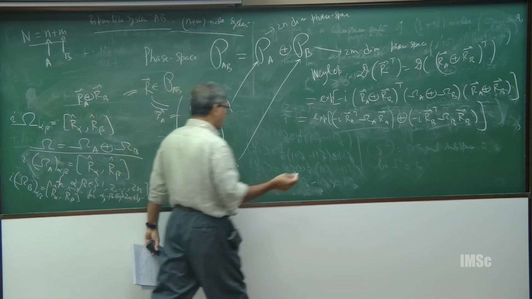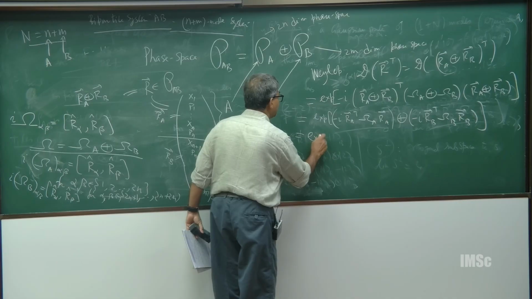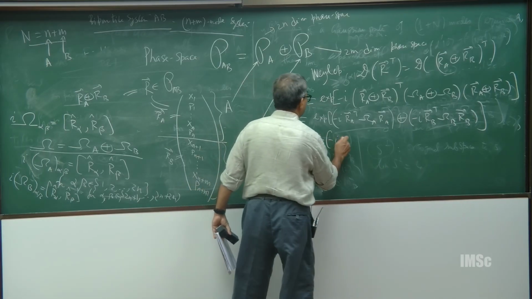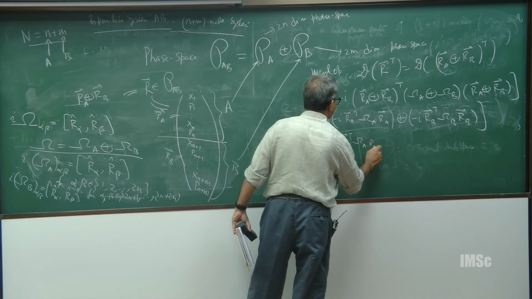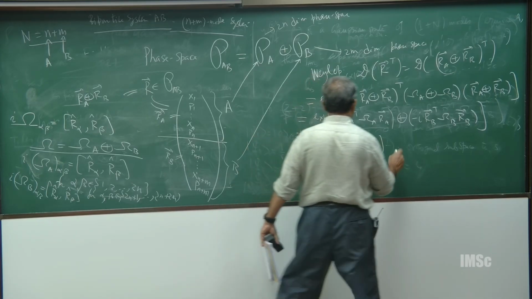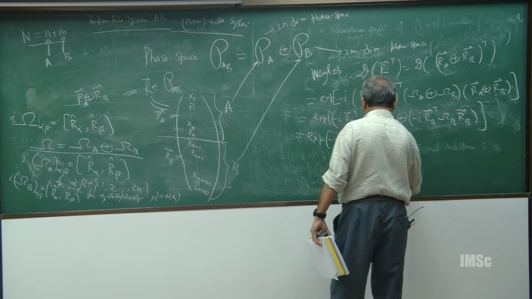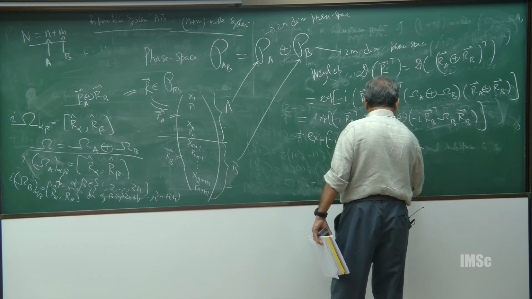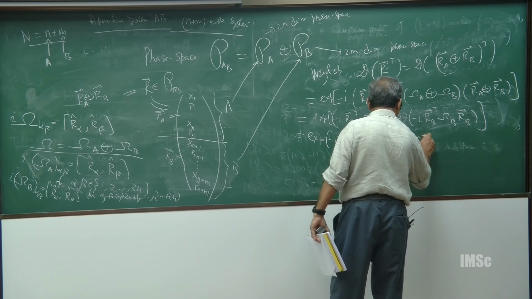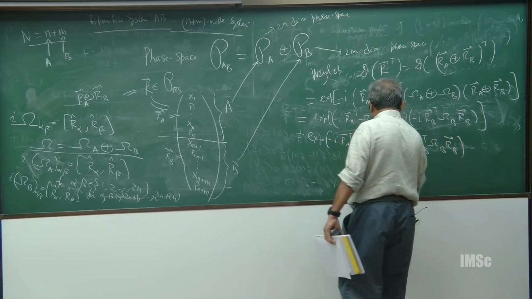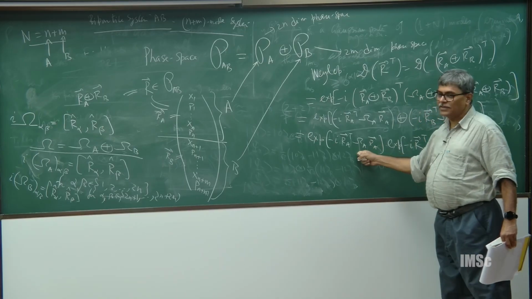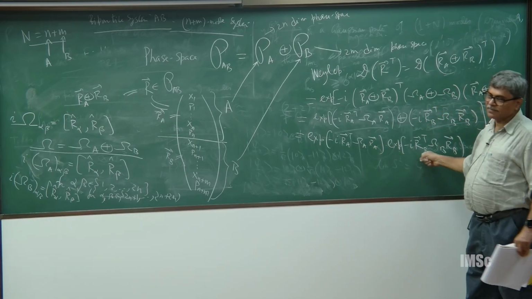So yes, you are right that dimensionally, if I write it as tensor product, it will not match, but you should keep it in mind that this is acting on different subsystems. I think this is a better way of writing it, but you understand that this will act on A subsystem, this will act on B subsystem.